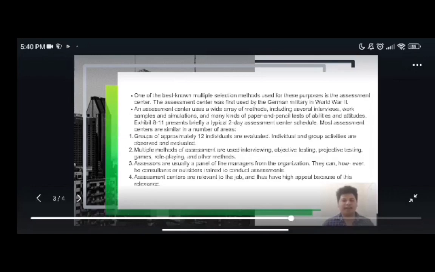Number 3. Assessors are usually a panel of line managers from the organization. They can, however, be consultants or outsiders trained to conduct assessment. Number 4. Assessment centers are relevant to the job and thus have high appeal because of this relevance.